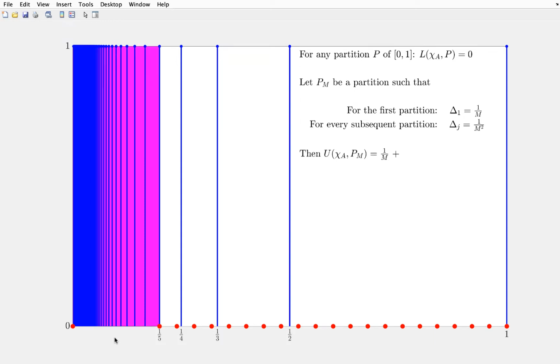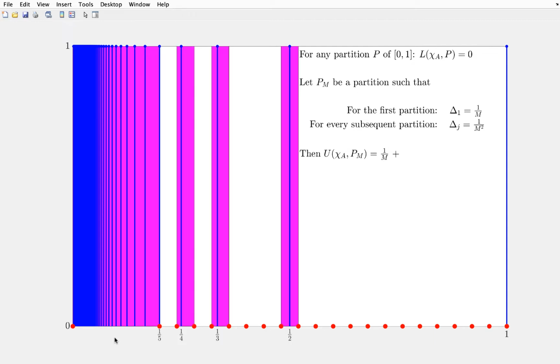Well, for the first subinterval, of course, the supremum of f is 1. So we would get the rectangle with height 1 and width 1 over m plus, well, how many more subintervals will the supremum be 1? Well, at those 4. In fact, for any m, to the right of 1 over m is going to be the reciprocal of every number less than m.